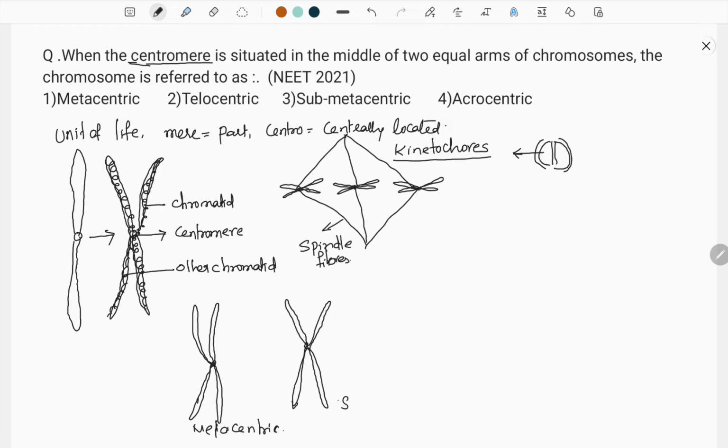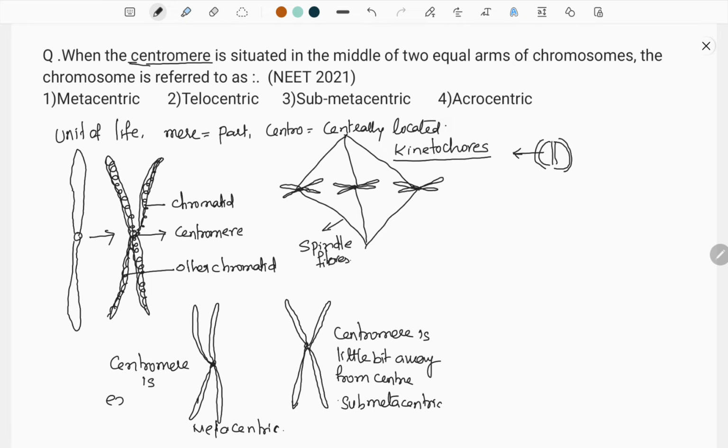It is called submetacentric. Here the centromere is a little bit away from center. Here in metacentric, the centromere is exactly in the center of the chromosome.